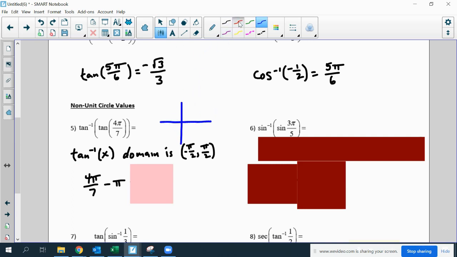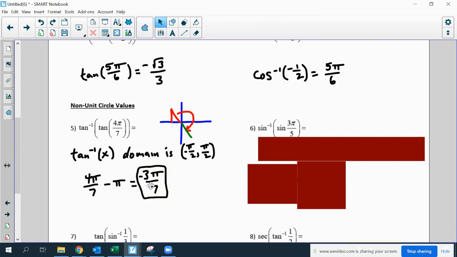So 4 pi over 7 is in the second quadrant. And so in order to get a negative value, I need to go to the fourth quadrant and basically subtract pi. So as I do that, I end up getting negative 3 pi sevenths.